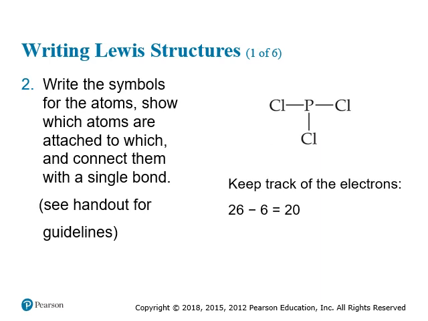Now that we've drawn a single bond in between all of the chlorine and phosphorus interactions, we understand that each bond represents a pair of electrons. So now we need to keep track of these electrons. By drawing 3 bonds, we have essentially drawn 6 of those valence electrons. So of the total of 26 electrons that need to be accounted for, we have accounted for 6 of them, with 20 left to dole out.